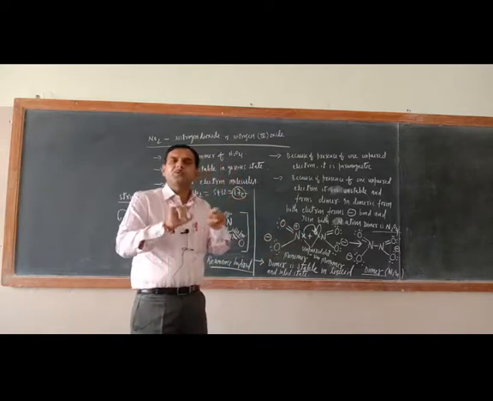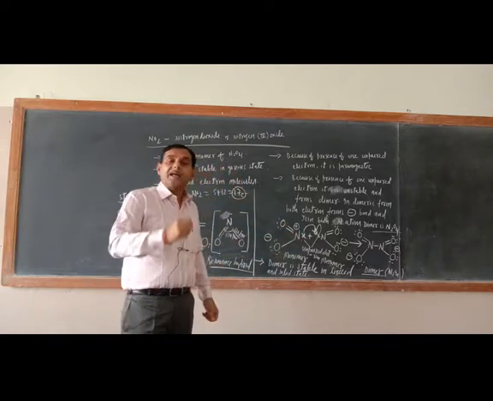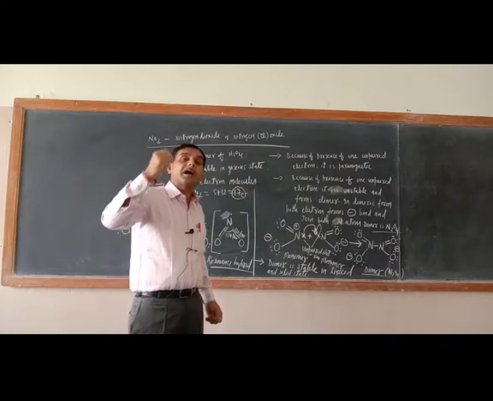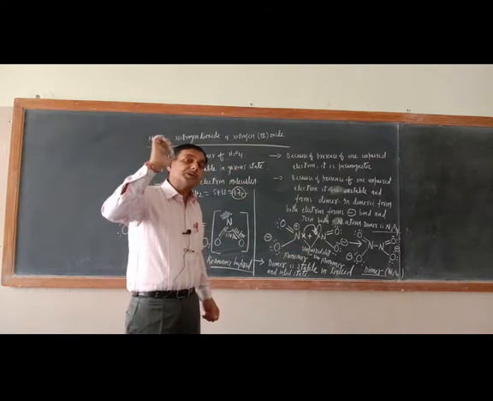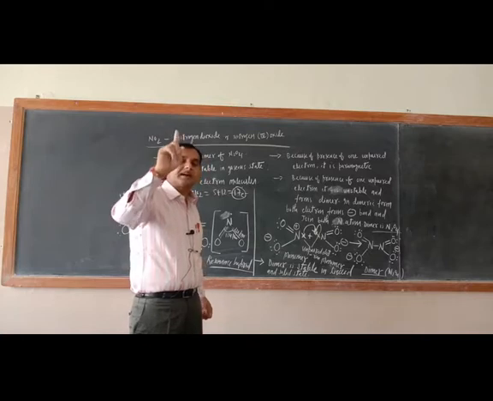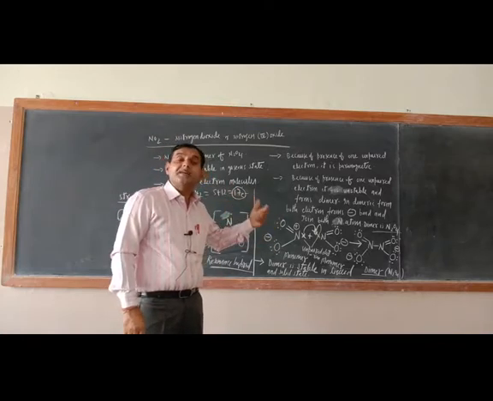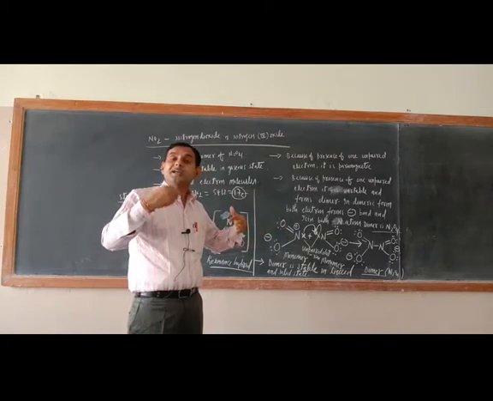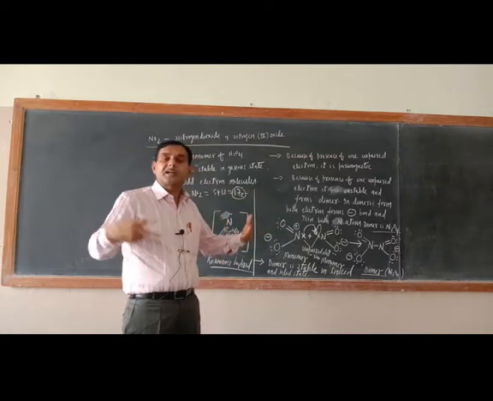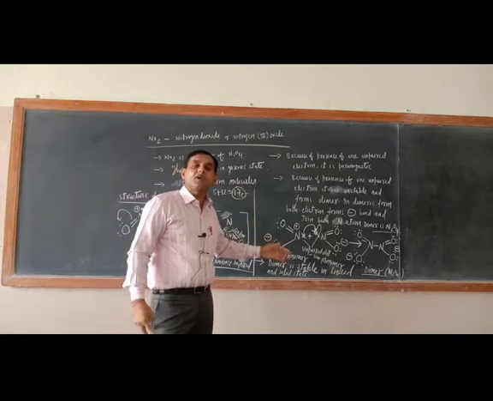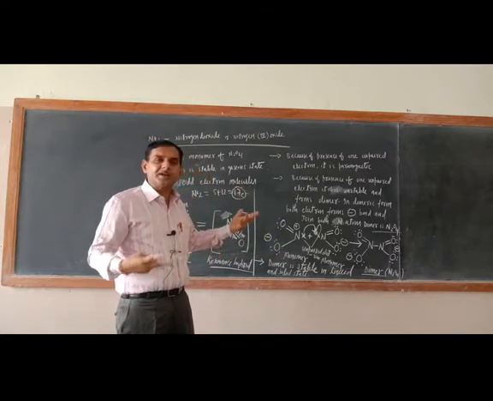In the NCERT book they have given one question: why does NO2 dimerize? NO2 is unstable because of the presence of one unpaired electron. That is why it dimerizes, so that it becomes stable. Because in dimeric form both unpaired electrons combine together and form a single bond, and both NO2 molecules join together.